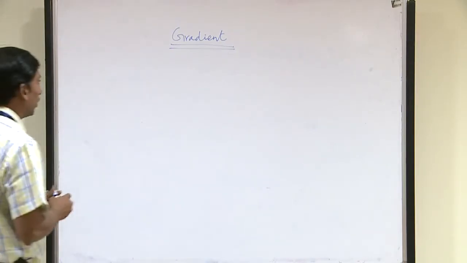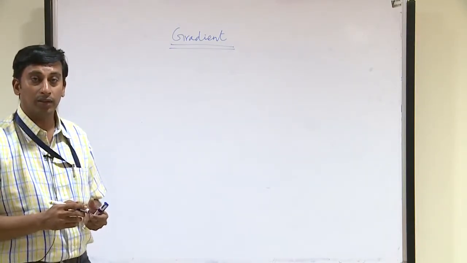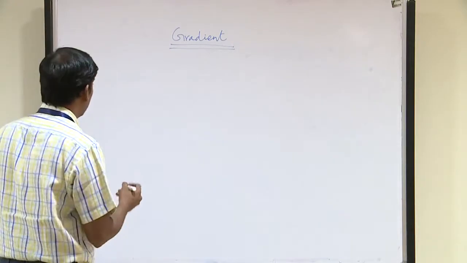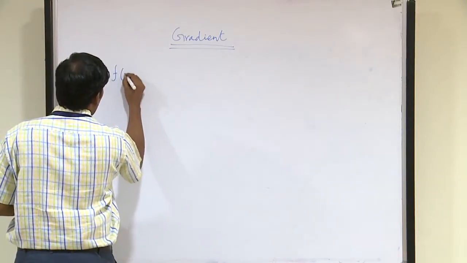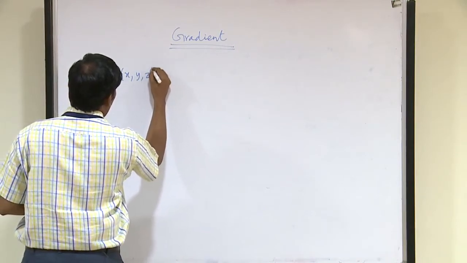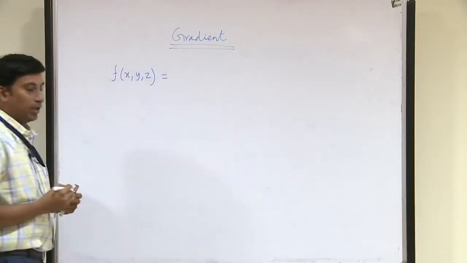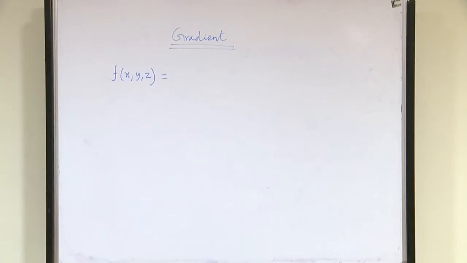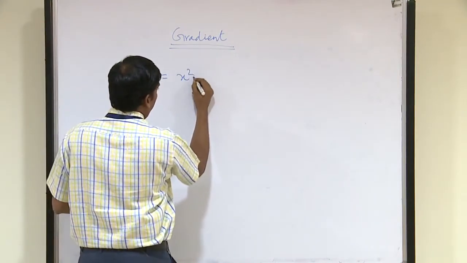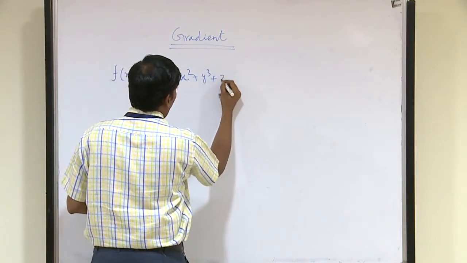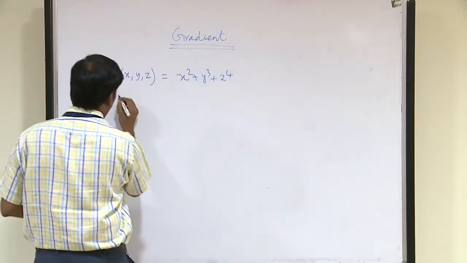Now I will give you a couple of functions. You can try to find gradient of these. Function f of x comma y comma z is x square plus y cube plus z power 4.